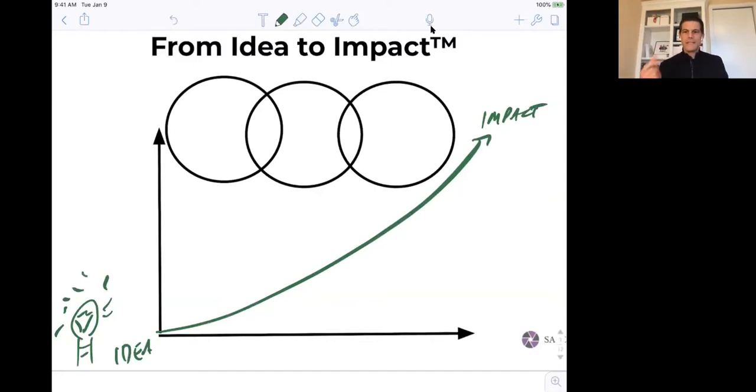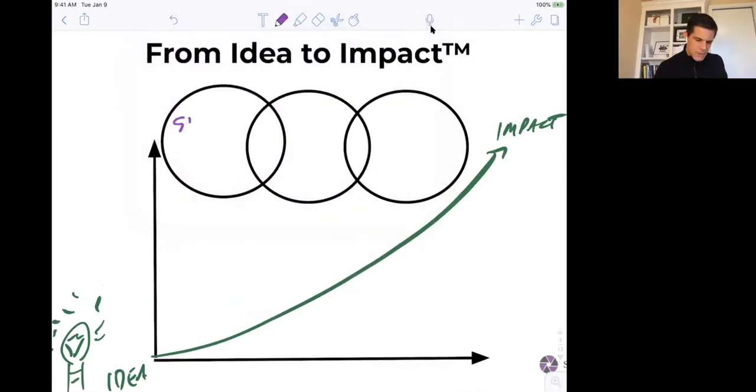But it doesn't go right from idea to, hey, I'm going to make a huge impact in my market. That's the long term. That's 5 years, 10, 15, 20 years down the road where you can really make the impact that you want to make with your product in your market and for your customers. And so to go from idea to impact, there are these 3 distinct phases that every startup, every company has to go through.